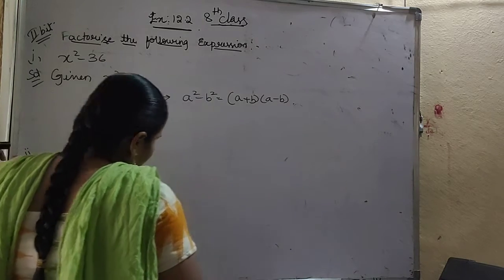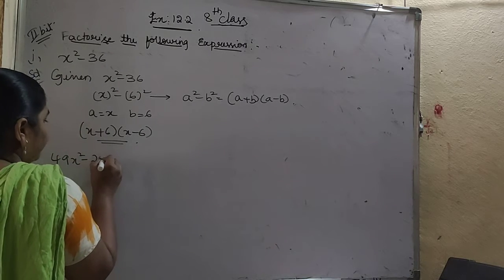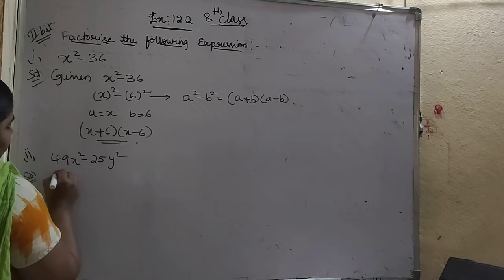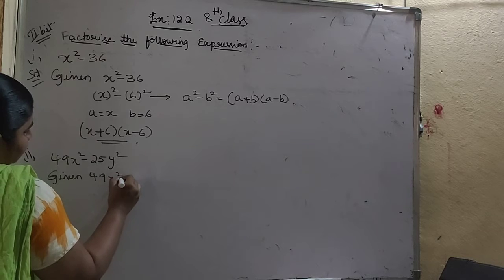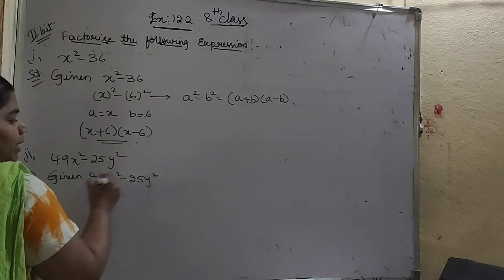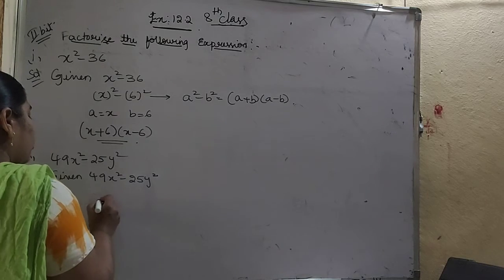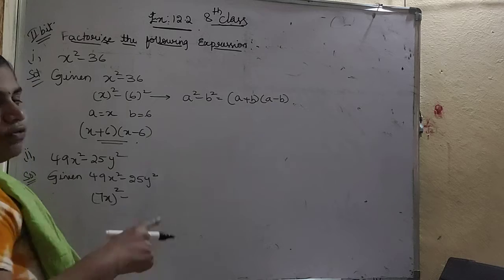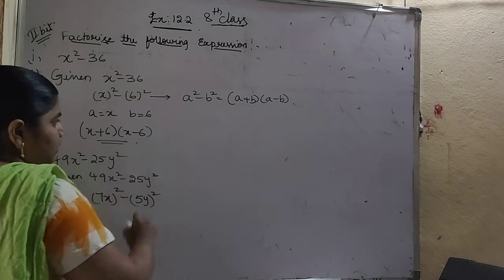Second one is 49x square minus 25y square. Again the 2 terms are in the form of squares only. So given 49x square minus 25y square. So 49 is nothing but 7 square. So we can write in the form of 7x whole square minus, 25 is in the form of 5 square, so we can write in the form of 5y whole square.